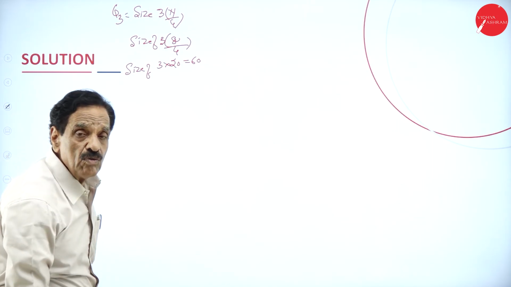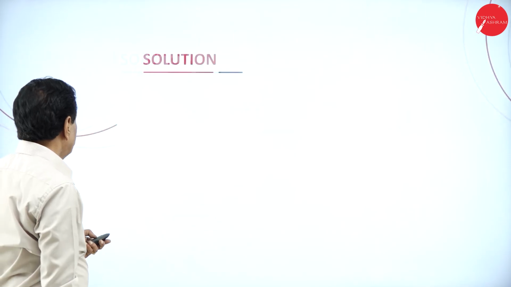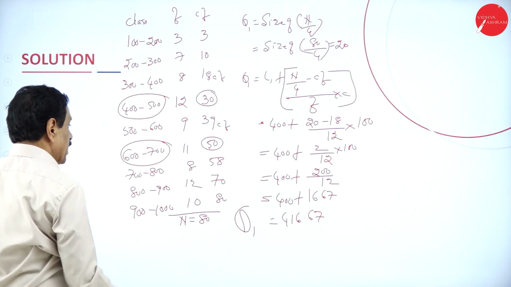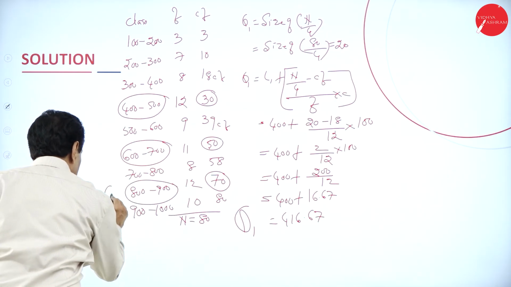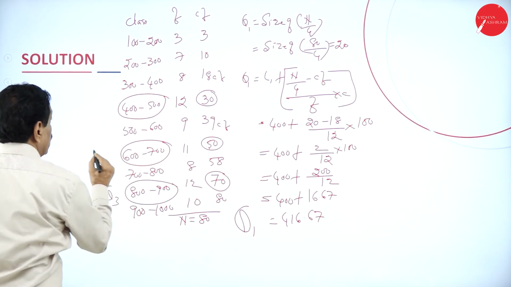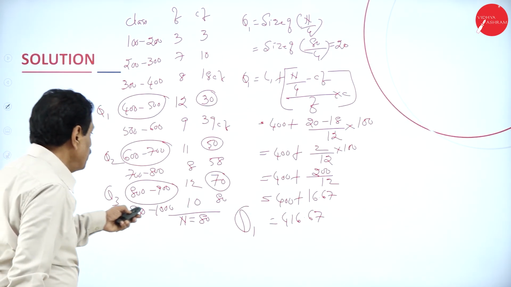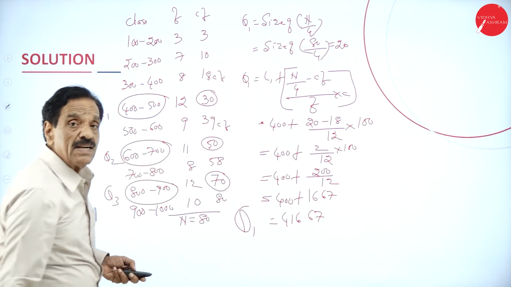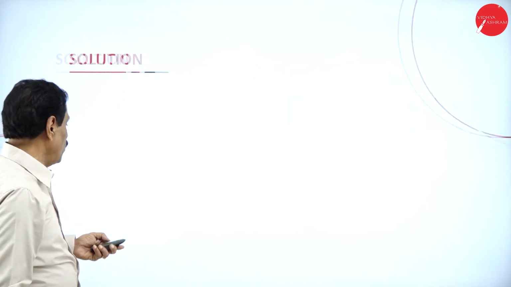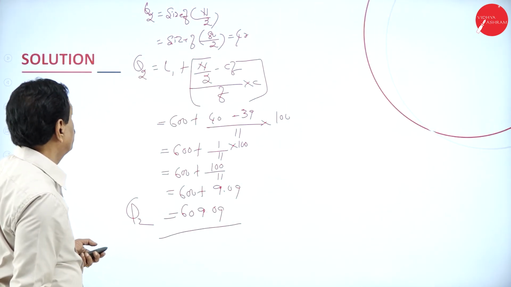What is the next step? Find 60 in CF. 60 will come under 70. The range is 800 to 900. The previous CF is 58. The frequency is 12. Which range have you selected? 800 to 900.